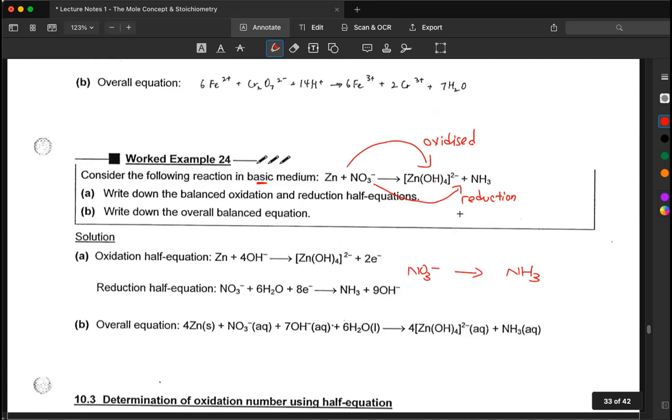So you have H here, you can put a H2O here first. You have H2O here, then you must know that O, then you must have an OH minus.